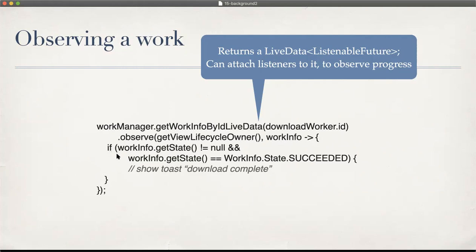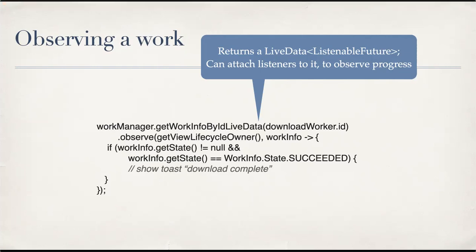What happens in it? You are checking if the work info state is null. If it's not null, then check if the state is succeeded. And for example, this was a download worker, so you would maybe show a toast that download is complete, or show a notification and move the user towards that particular activity, or give some indication to the user that it has succeeded and now you want to handle it.